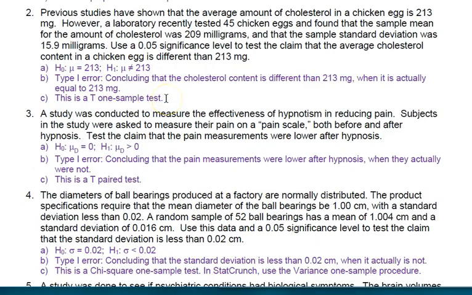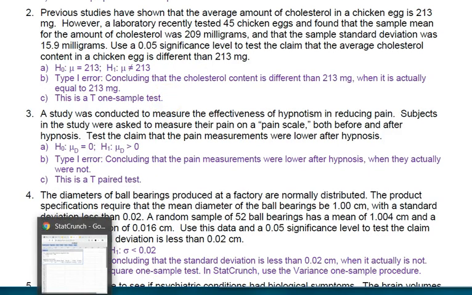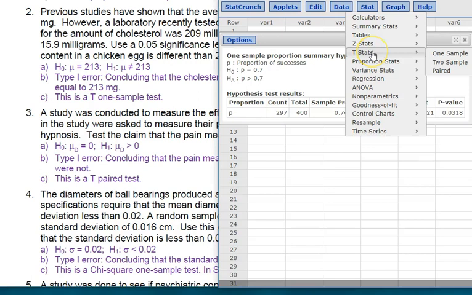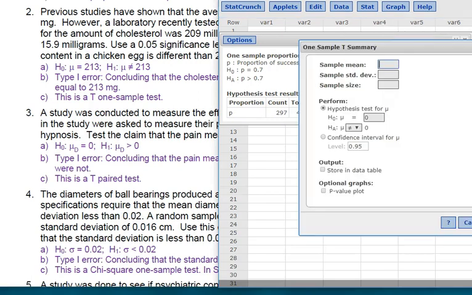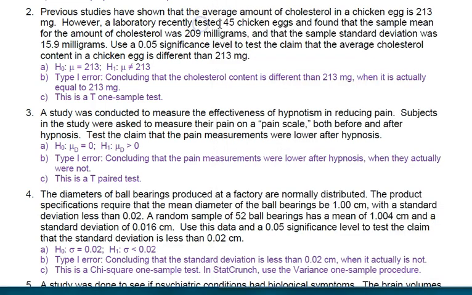For number 13, we're running the test in problem number 2. This was a T1 sample test, so we're going to use the t-stats in StatCrunch. So here's my t-stats. This was just a one sample with summary. You want to make sure that what it's asking you for in StatCrunch fits the information that you have. In this one, they have the sample of 45 chicken eggs, so there's our sample size.